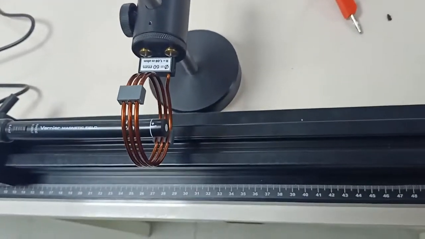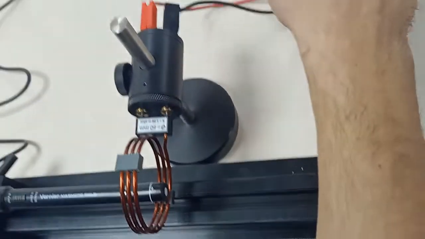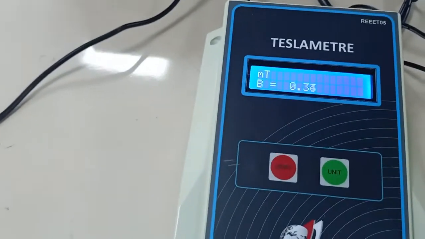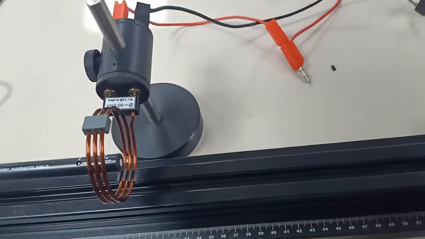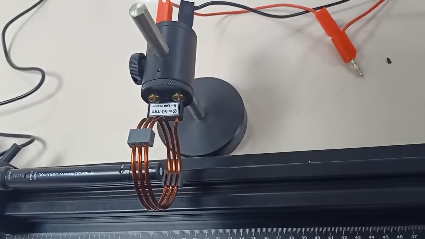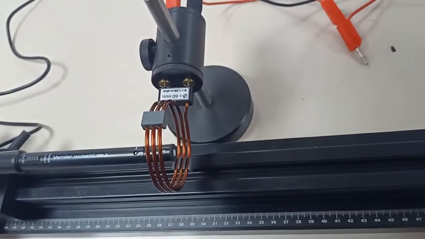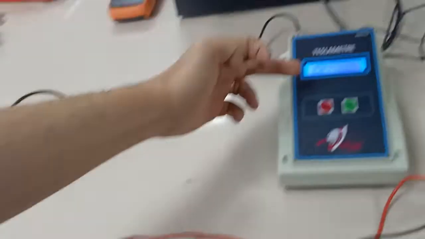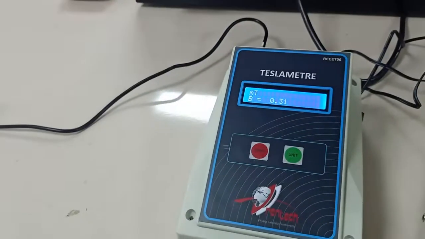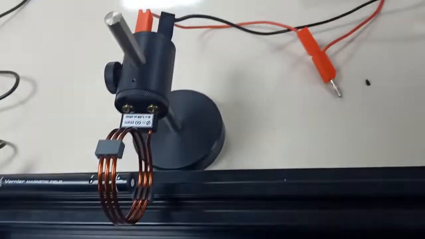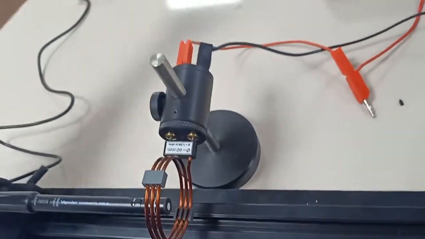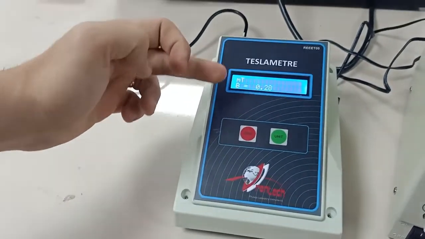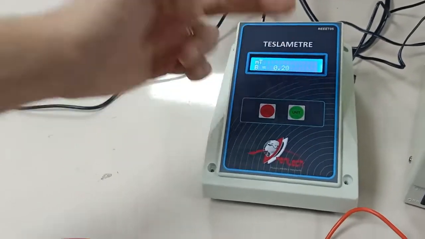The probe of the Tesla meter is at the center of the wire, and the magnetic field value is 0.34. Now I will change the distance. Now it is 1 centimeter away, and the magnetic field value is 0.31. Now it is 1.5 centimeters away, and the value is 0.28.